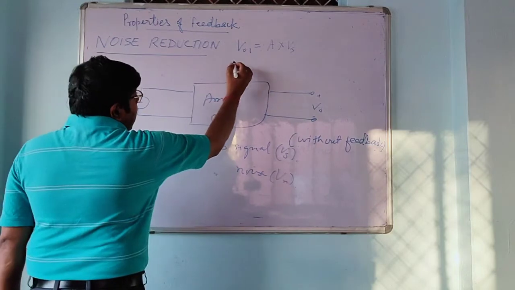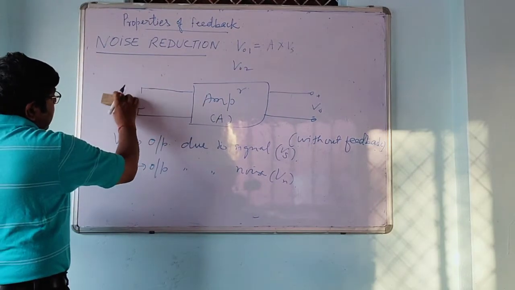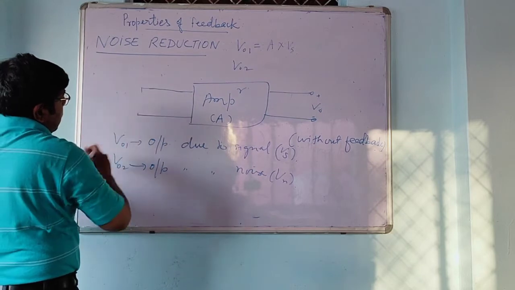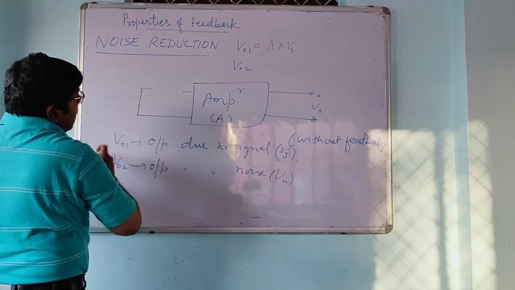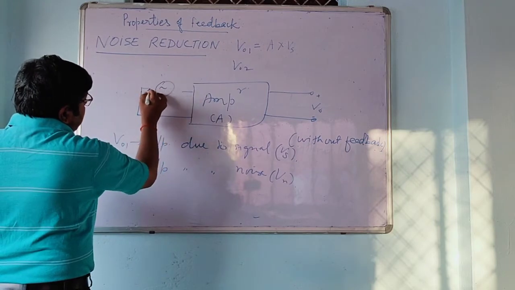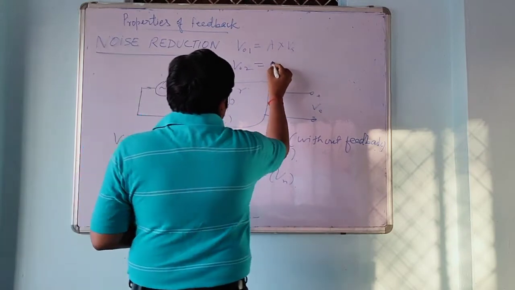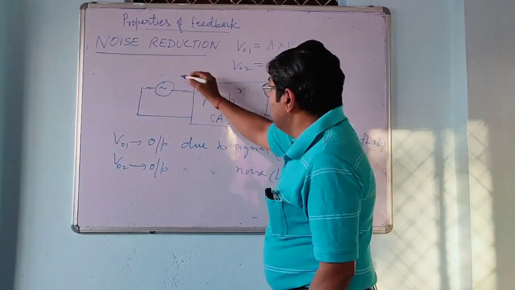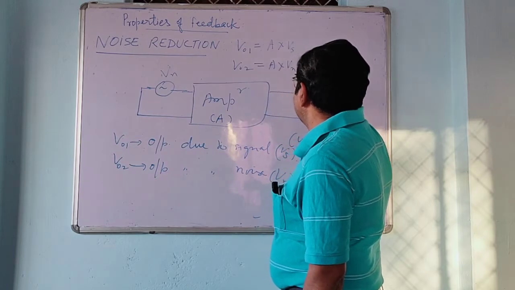And when we are using the noise signal, then put this value 0. We have only noise signal present. Then what is the output? This is simply gain multiplied by the noise input.